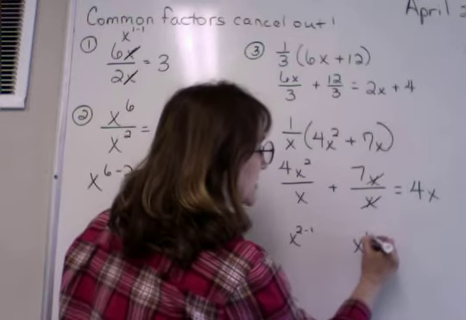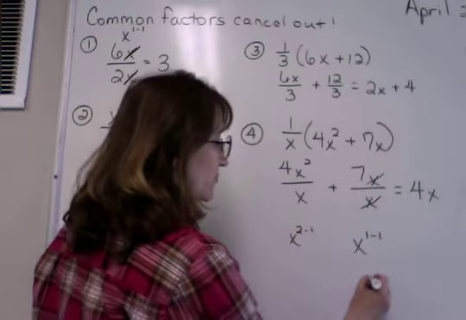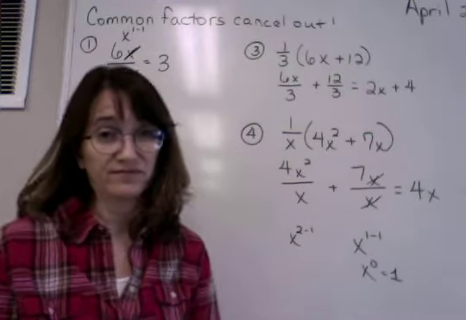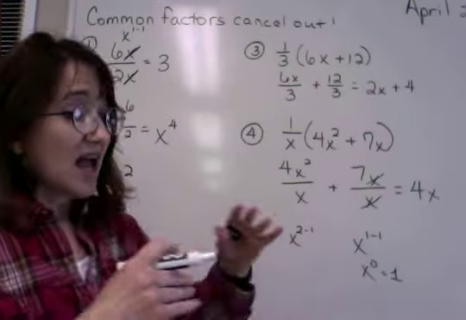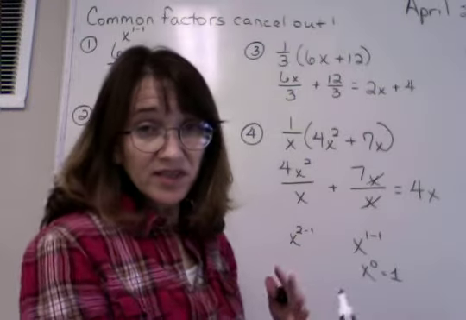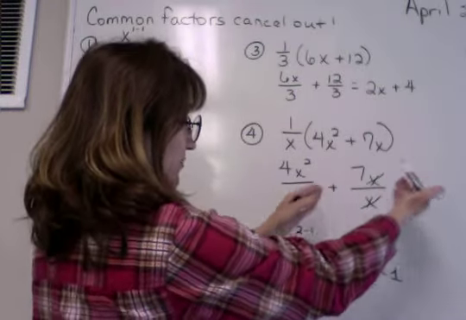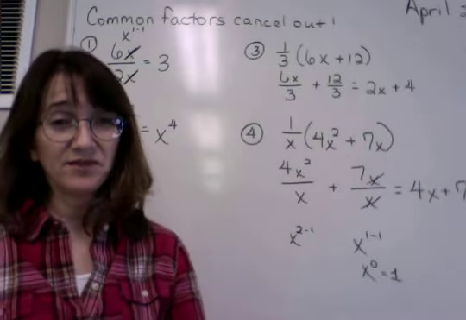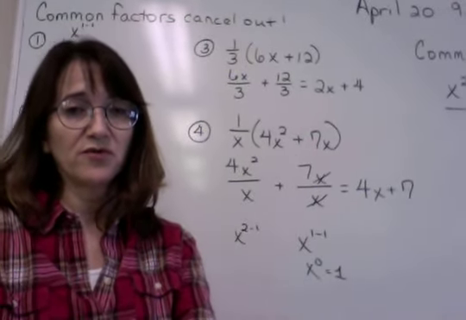Or what's happening is that 1 is being subtracted by 1, which becomes x to the 0 power, which is just going to be 1. So that 1 is multiplying with the 7, which makes just the 7 left. That's it.